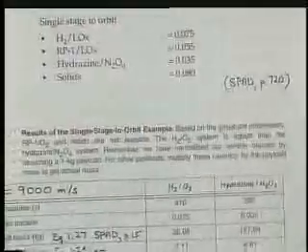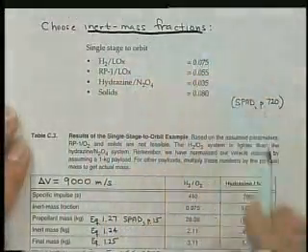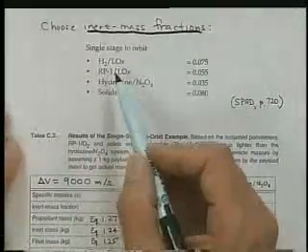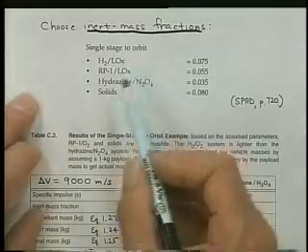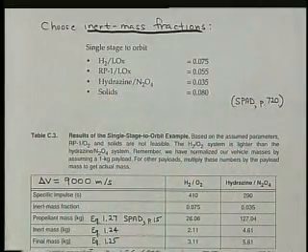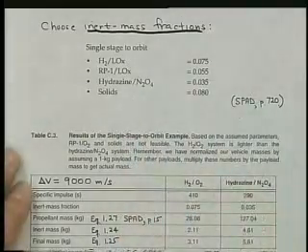Now let's look a little further at some single stage to orbit examples. Here are some inert mass fractions that go with particular vehicles burning either liquid hydrogen and liquid oxygen, kerosene, hydrazine and nitrogen tetroxide, and solids.